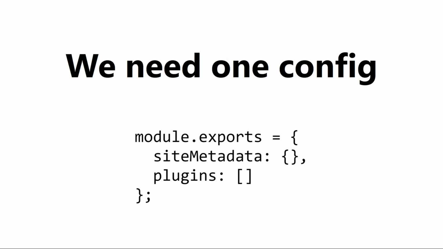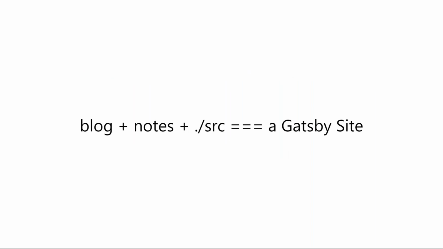So if you've never seen a Gatsby config file, this short code example will show you what a Gatsby config file looks like. It's basically module.exports equals an object, and that object, for our purposes today, contains site metadata, which is an object, and plugins, which is an array. So if we take the blog config, the notes config, and our source, we end up with a Gatsby site.